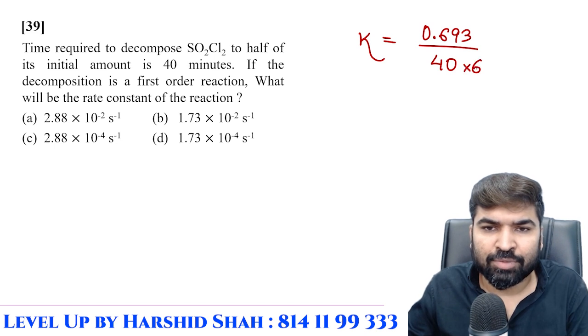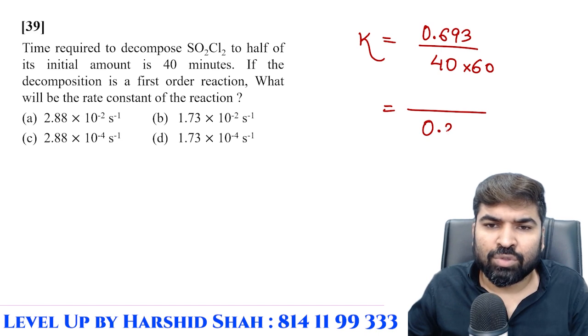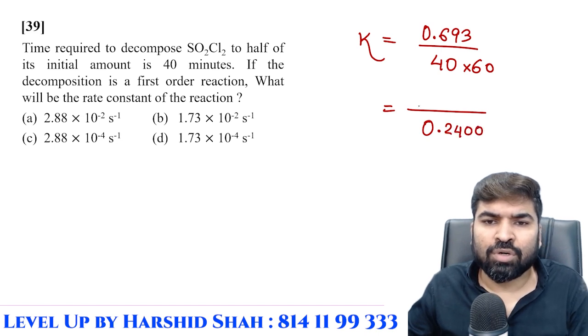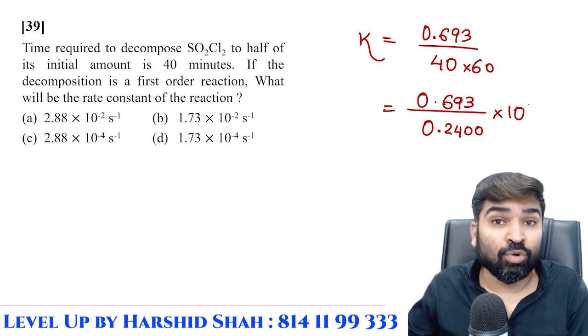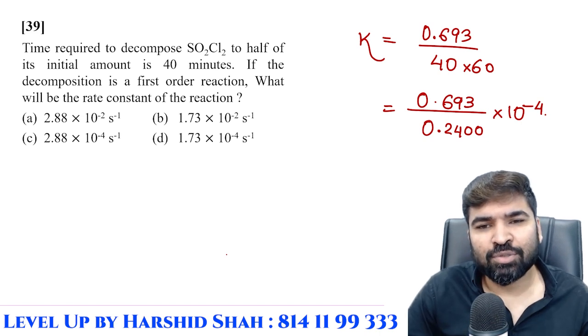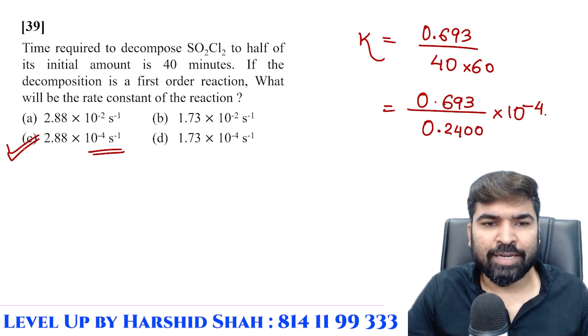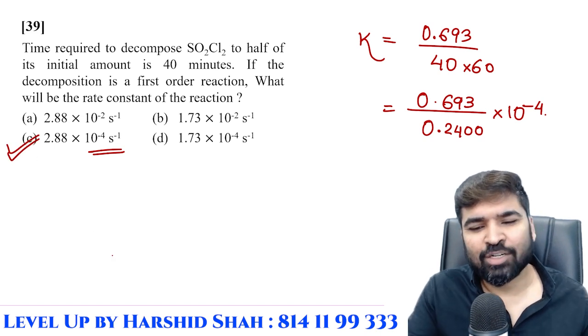So let us multiply this by 60. So basically it is 2400. Can I write down 0.693 upon 2400, and ऊपर चला जाए 10 raised to power 4, बन जाए 10 raised to power minus 4? Can you do that? Yes, you can. So 10 raised to power minus 4, लेकिन 2.88 होगा आगे, इसलिए answer है option C.